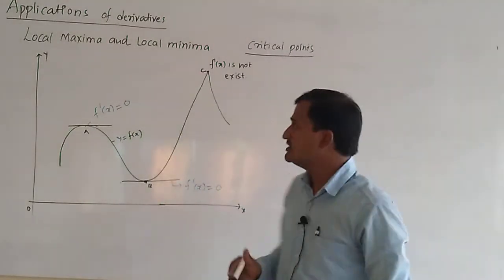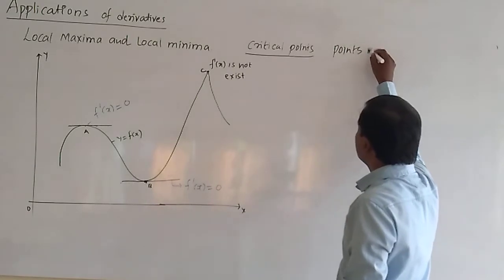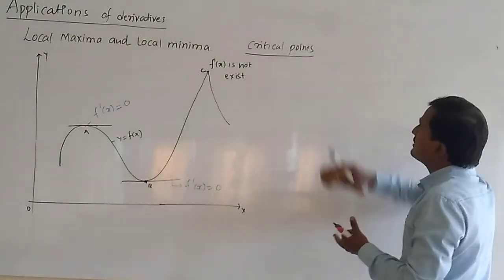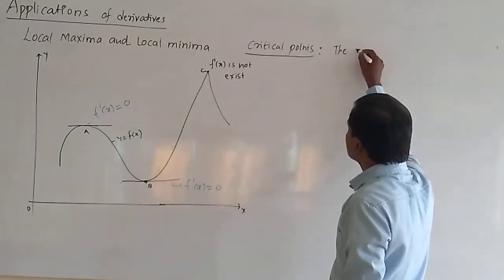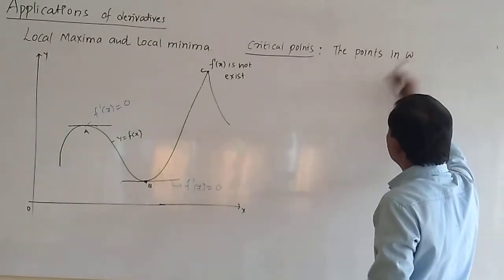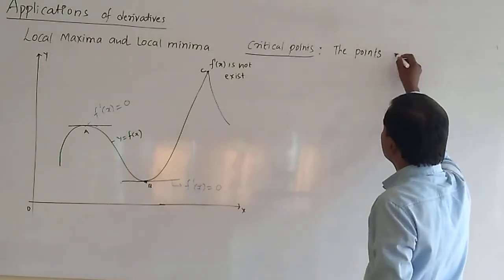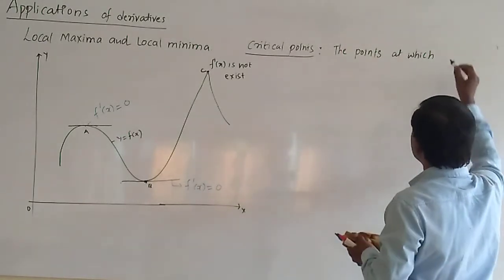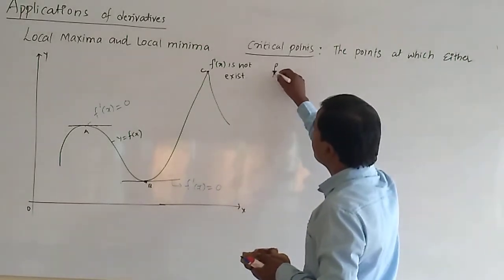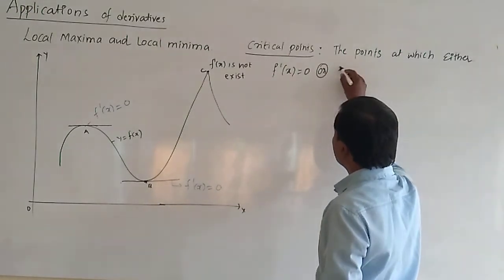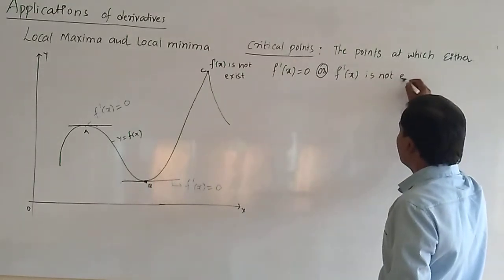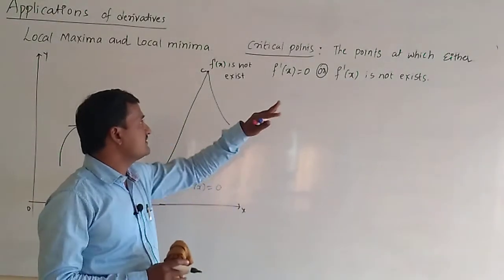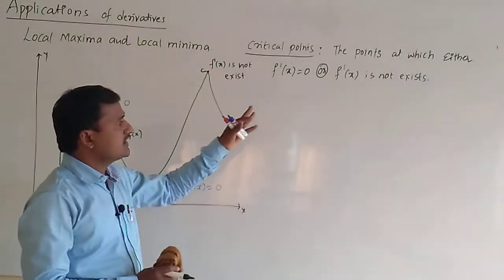Therefore, critical points are the points at which either f dash of x equals 0 or f dash of x does not exist.